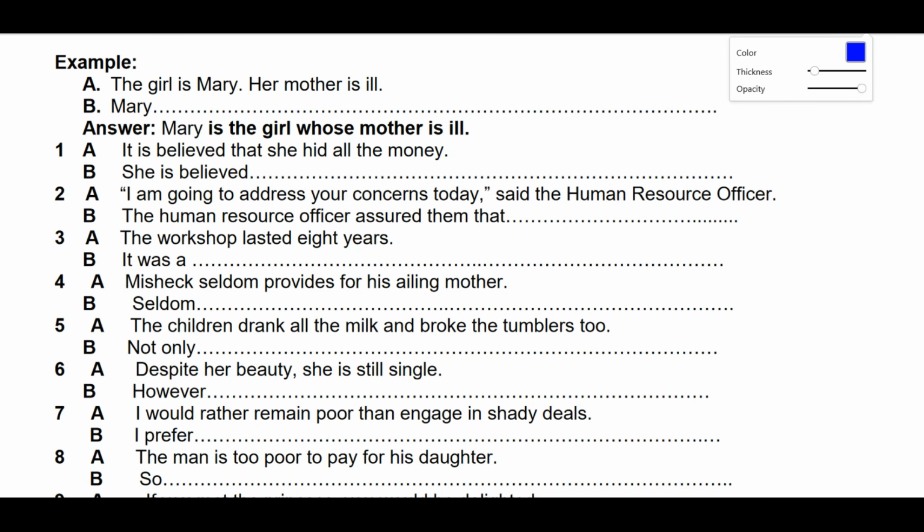So let's go to the first one. It is believed that she hid all the money. Then begin, she is believed to have hidden all the money.